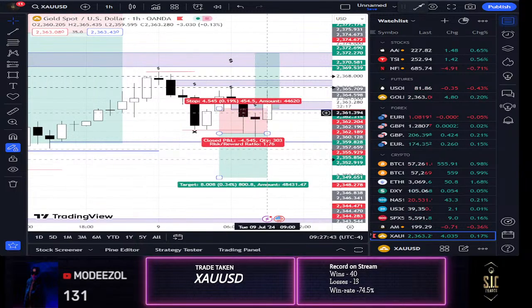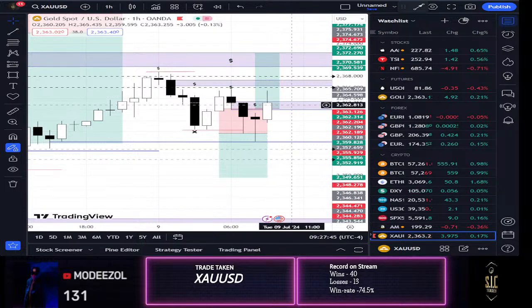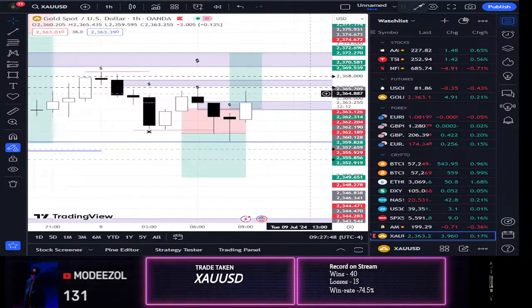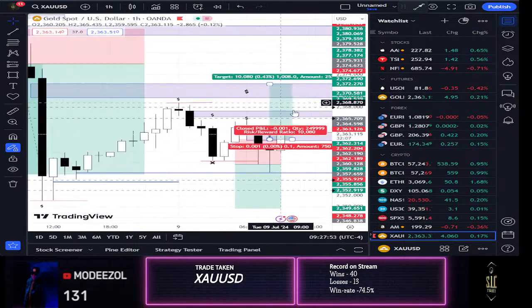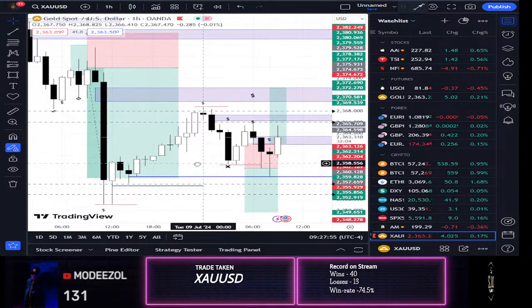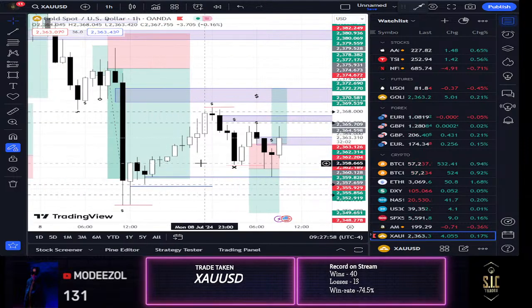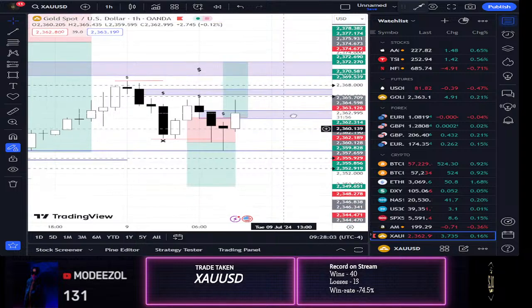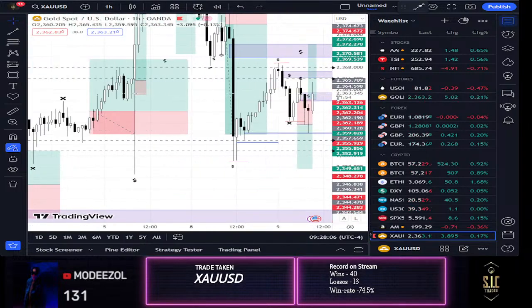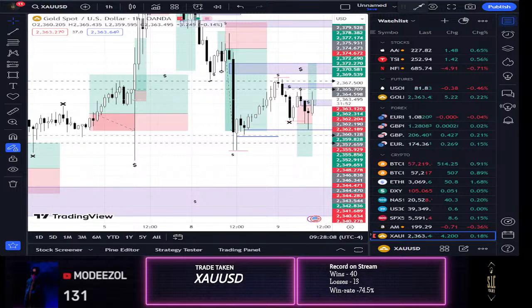She left a little gap here on the 1 hour, so maybe we pull back down in there, then keep going. But like I said, I'm already break even, guys. With a little bit in profit, a couple pips in profit right now. Nothing too big, nothing too crazy.